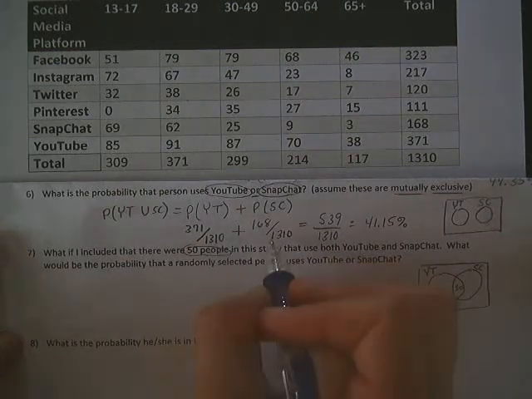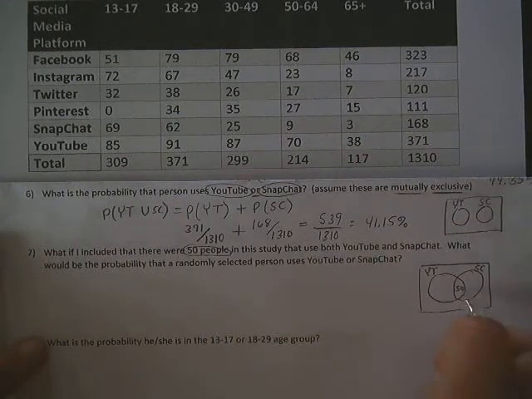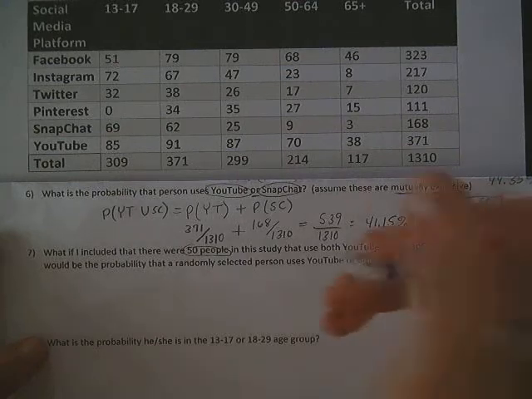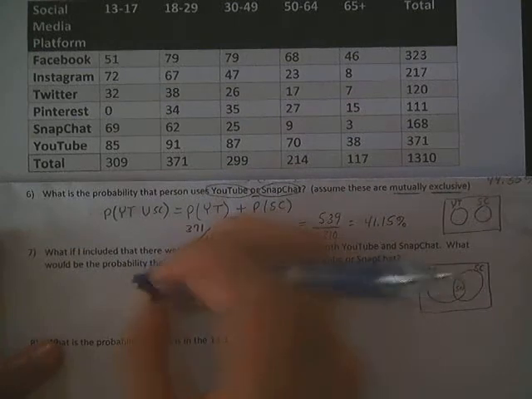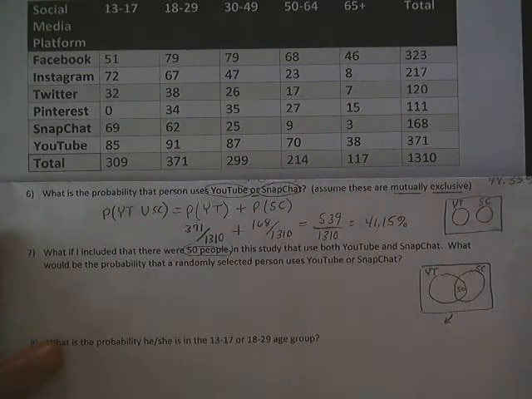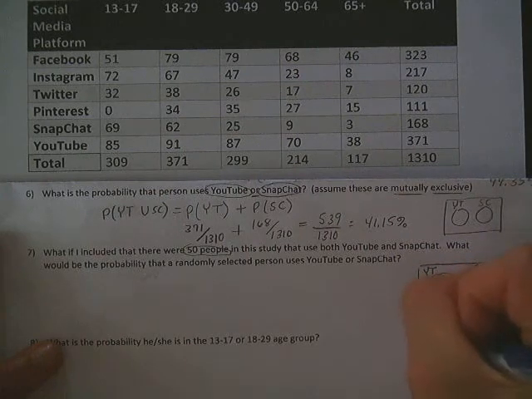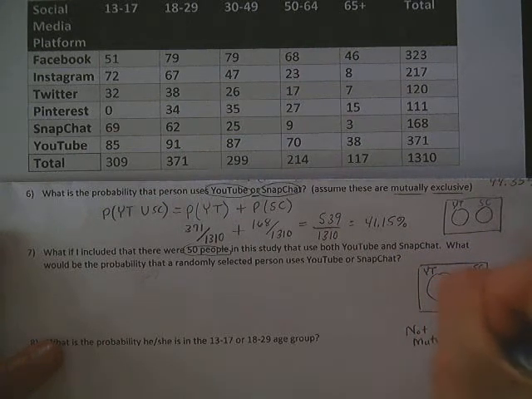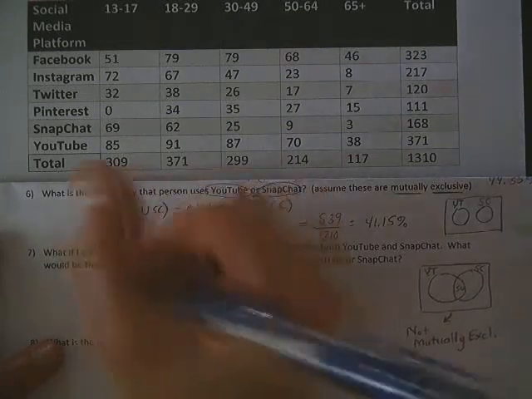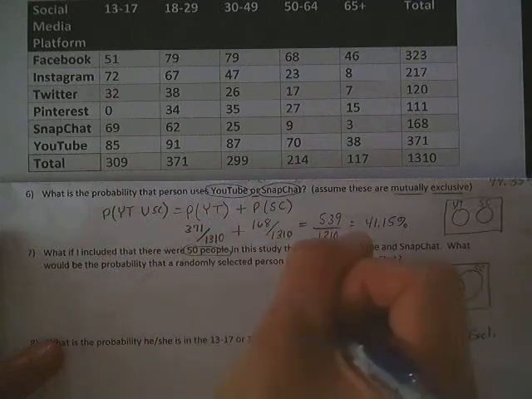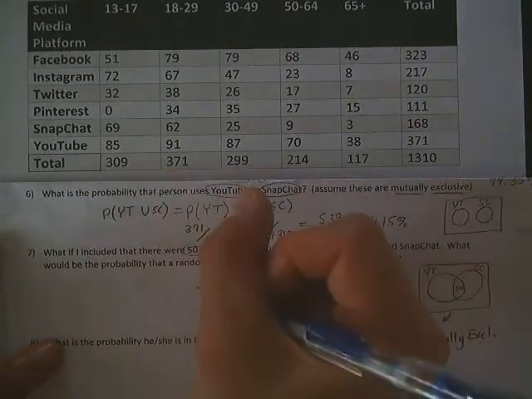And so you still add the probabilities, but remember you have to subtract how many are in both, okay? So that would mean, because there is an overlapping part, and actually I'll draw that over here, because there's people in both, that means that they are not mutually exclusive, okay? There's people that are in both, all right? So because of that, you just have to take the probability of each, and then you subtract the likelihood that you would get somebody that likes both, okay?